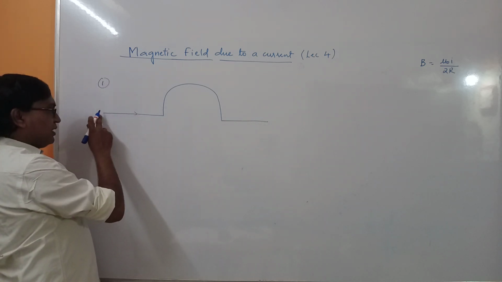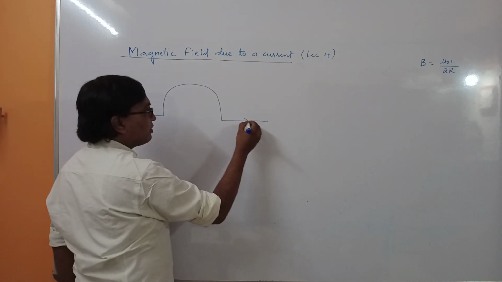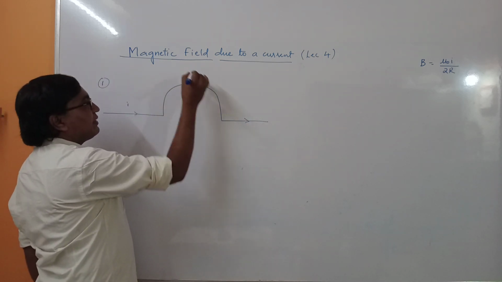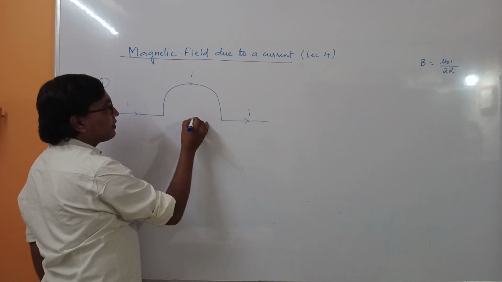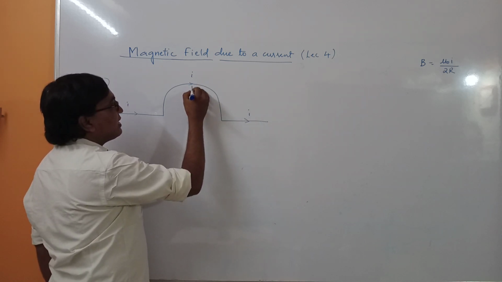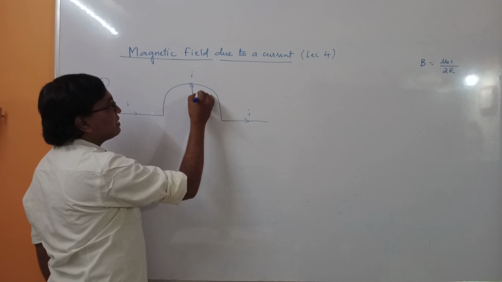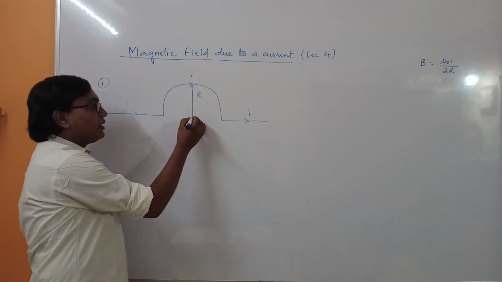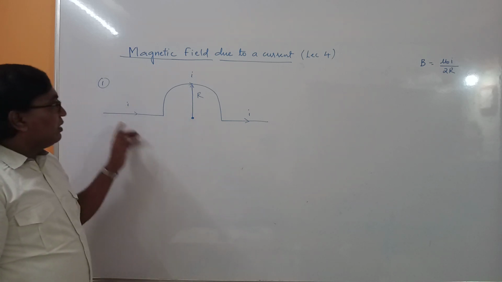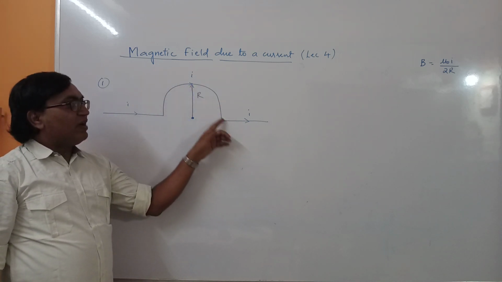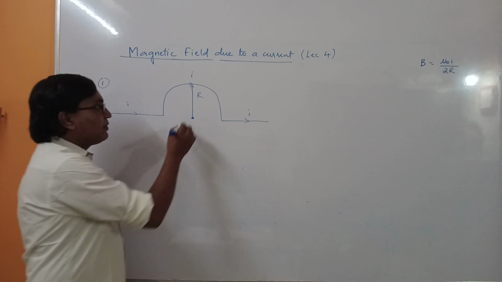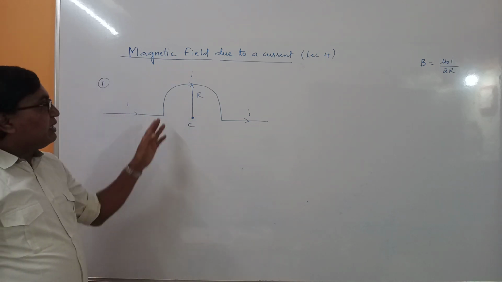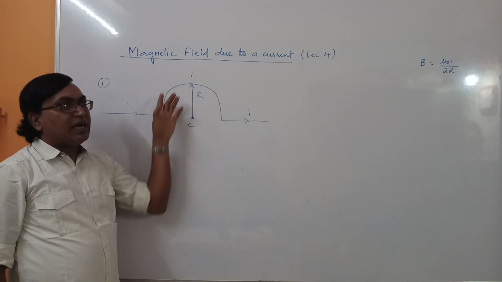So this is an infinite wire, carrying a current I. So let us say the radius is R. We want to find out the magnetic field due to this wire about its center. So this is the center C, or about this point, that is the center of this circular part.